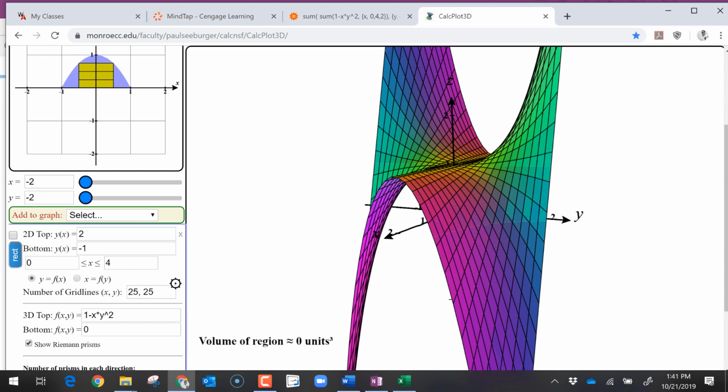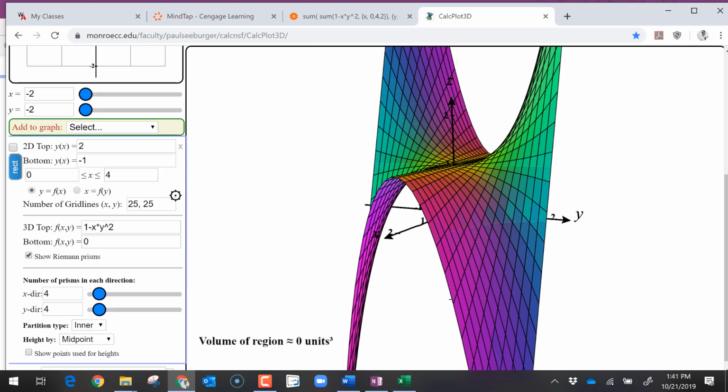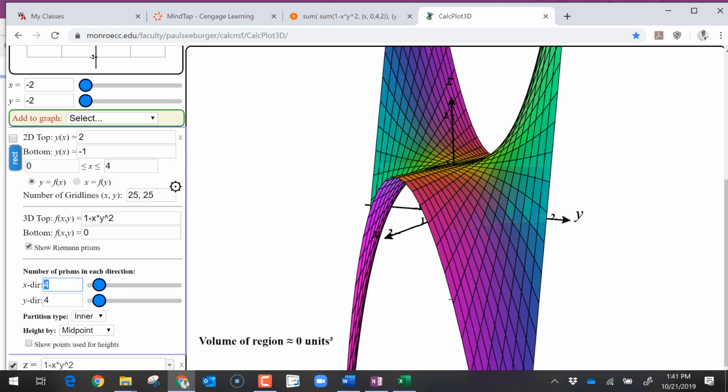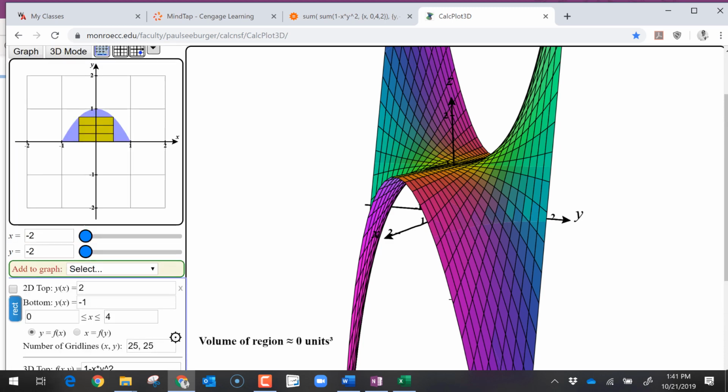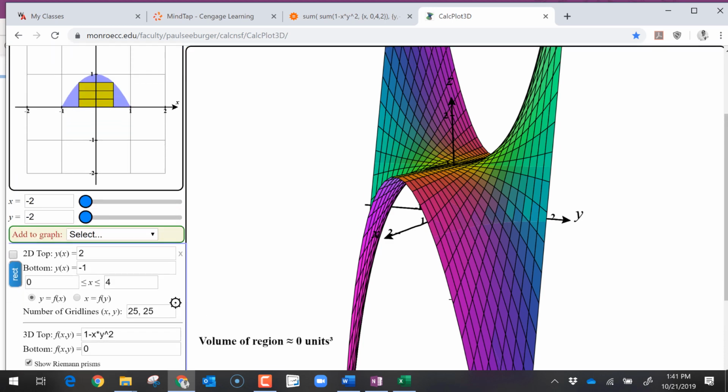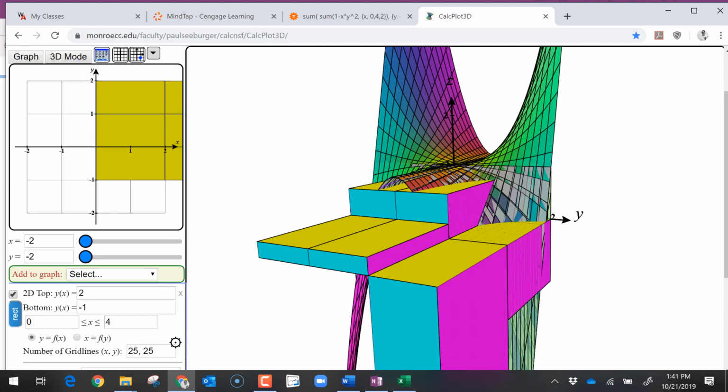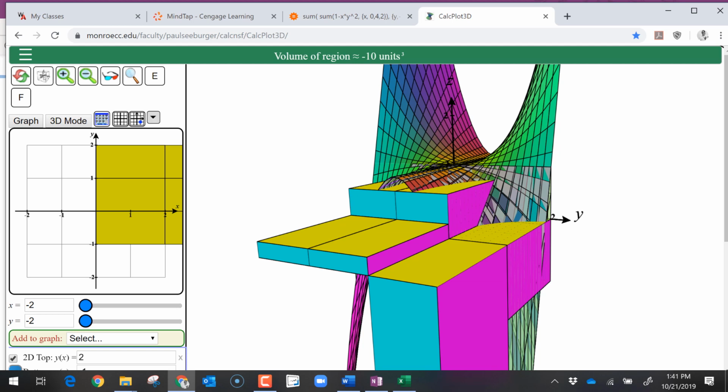So if I have two pieces in my x and three pieces in my y, I have to redraw this. And I need to have this bigger.